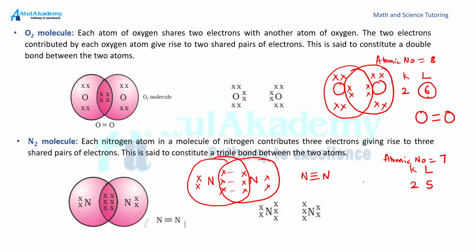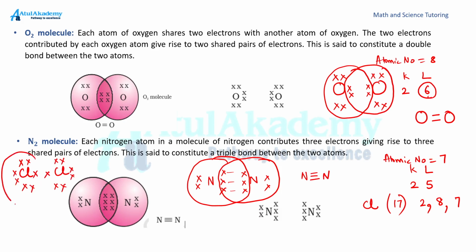We can also discuss chlorine. Chlorine has atomic number 17, and its electronic configuration is 2, 8, 7. It has 7 electrons in the outermost shell. I'll try to draw it over here: 1, 2, 3, 4, 5, 6, 7. Another chlorine also has 1, 2, 3, 4, 5, 6, 7.